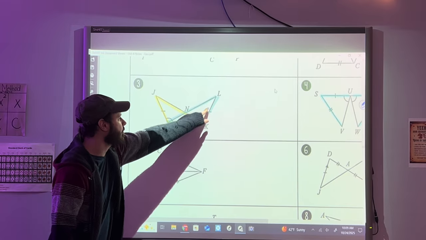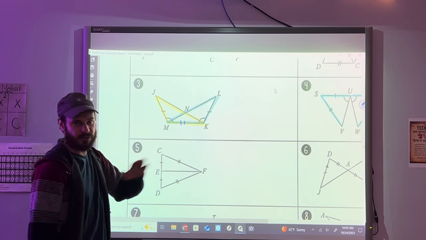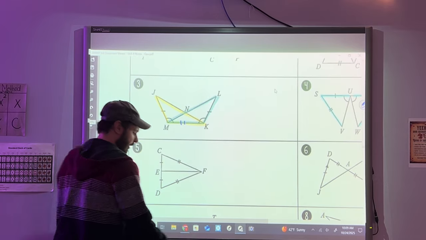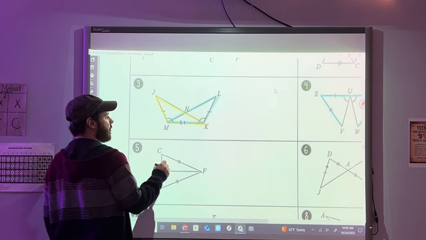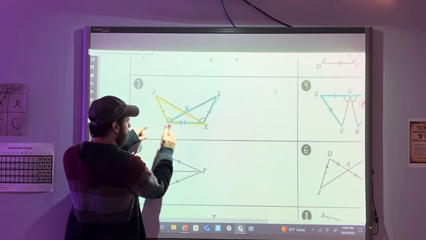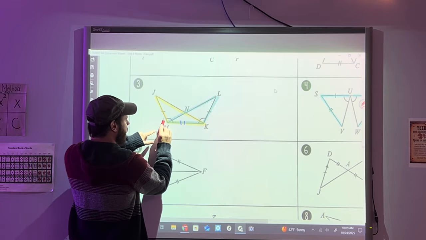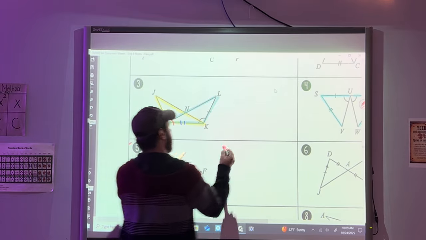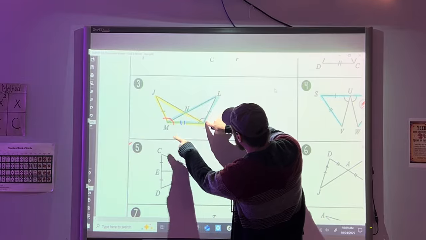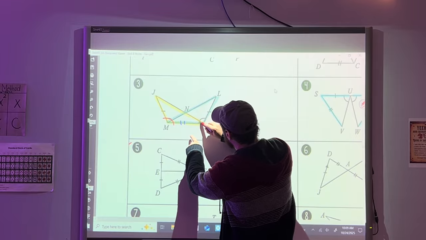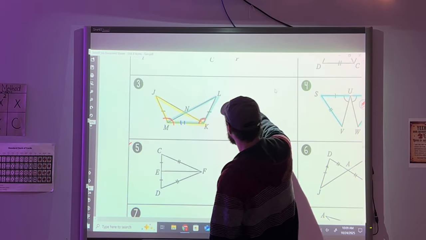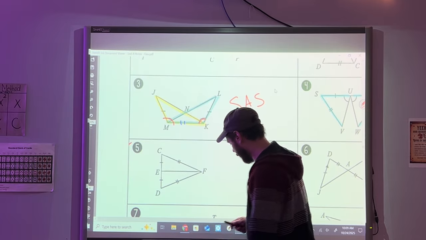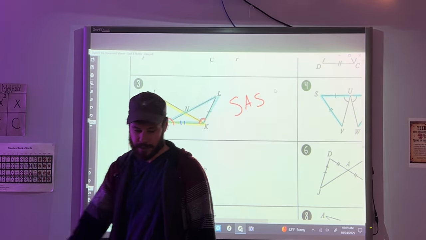I don't know anything about this side, so it's not side, side, side. There is an angle in between them. Where side one and side two meet up, I have this angle here. And over here, where side one and side two meet up, I have that matching angle there. So this might be one of the more confusing looking ones, but that is SAS.